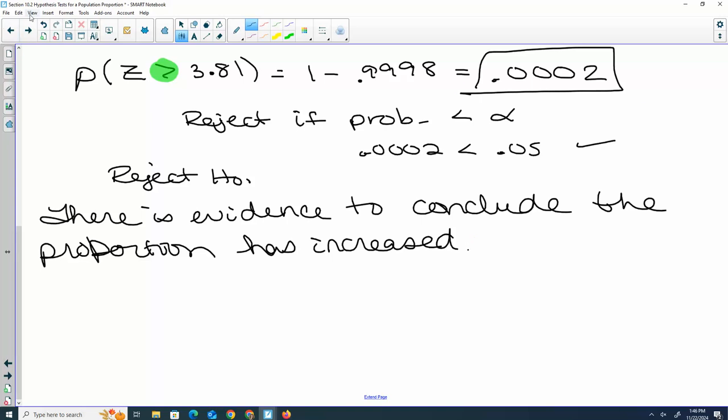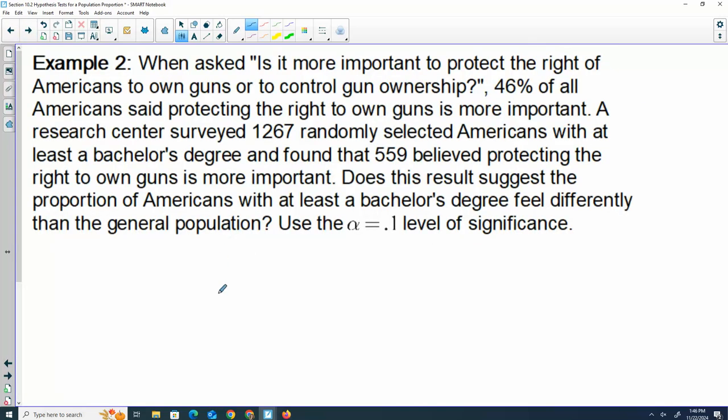Let's look at another one, and I want to show you how to do one on the calculator. So when asked, is it more important to protect the right of Americans to own guns or to control gun ownership? 46% of all Americans said protecting the right to own guns is more important.